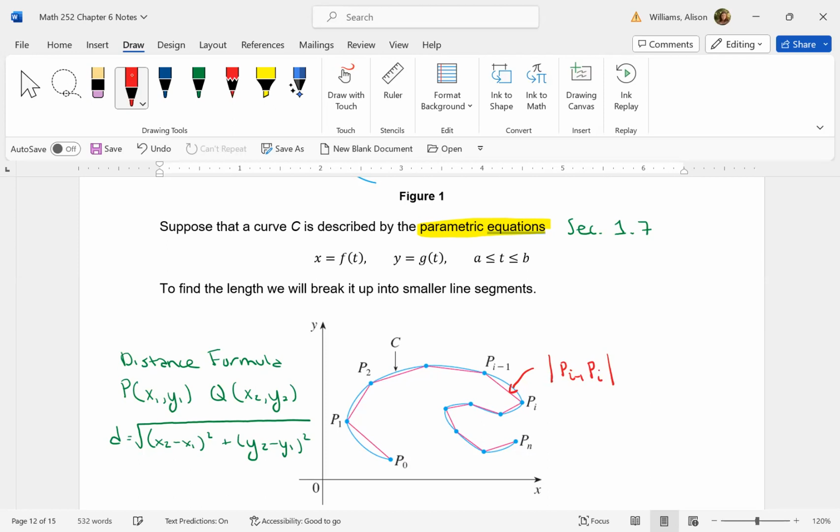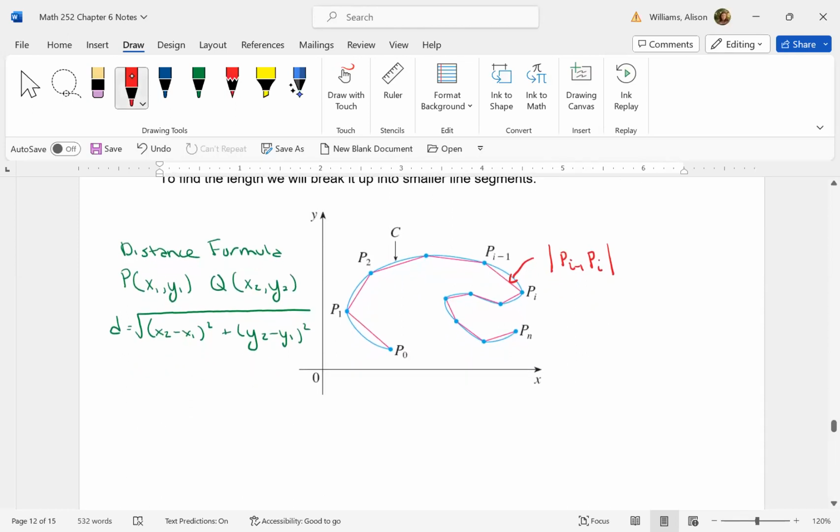We're thinking of it as a length between those 2 points. The word magnitude also gets thrown around using that. And you might recognize that word from trigonometry. Okay, so we're going to use that notation to represent the length of the line between P sub i minus 1 and P sub i, which I picked on purpose because that's the ith one.